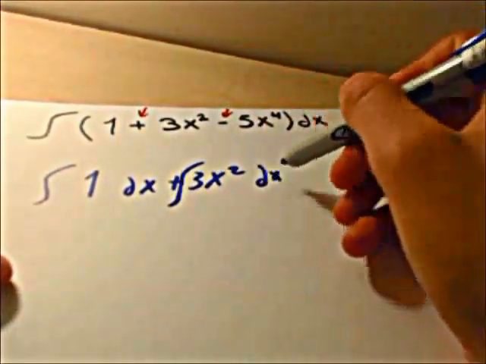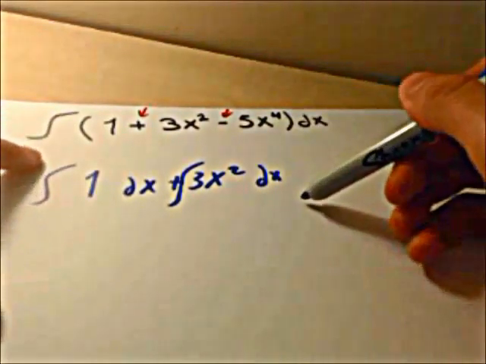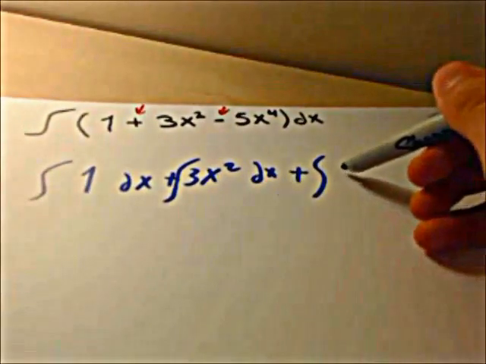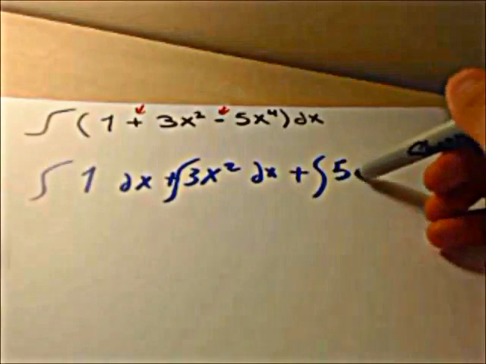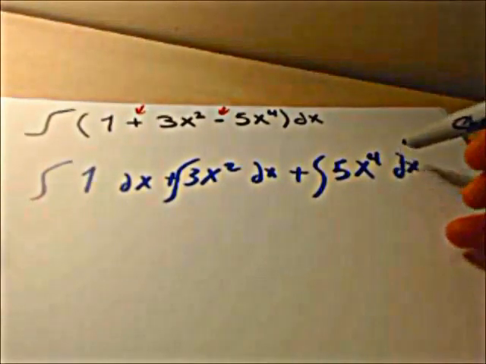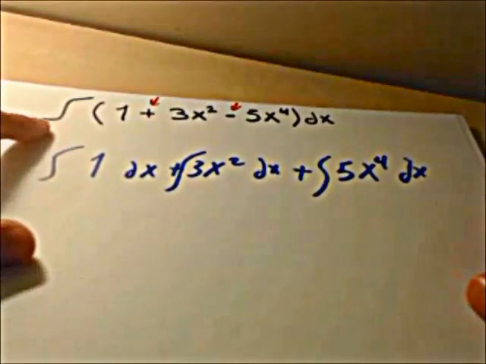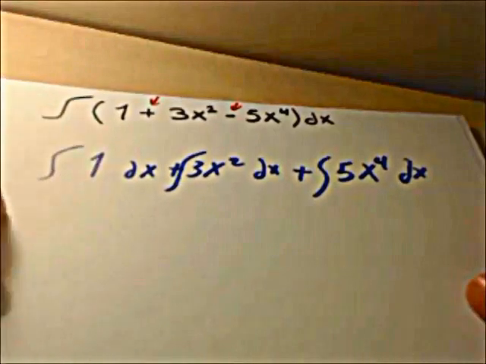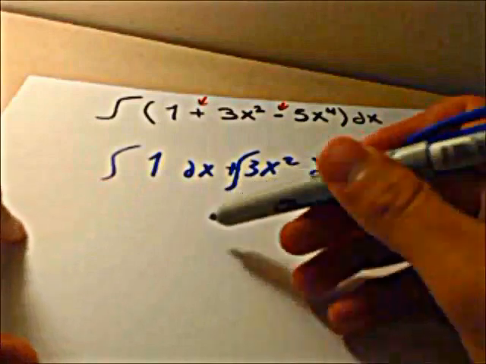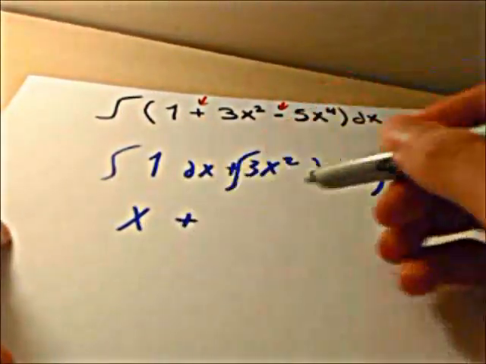I know a lot of people would do the integral straight away, but I'm going to do the long, formal way for the first example, and then we'll take the short way. Basically, we distribute the integral for each piece inside the parentheses. So we've got the integral of 1 dx, and you know the integral of 1 is x plus.